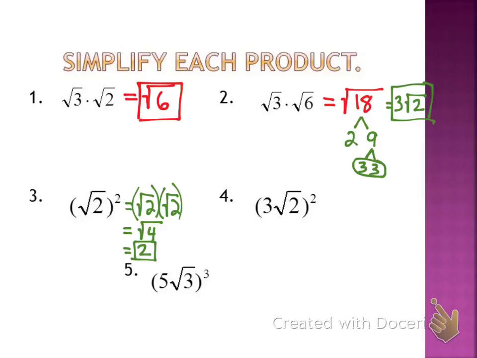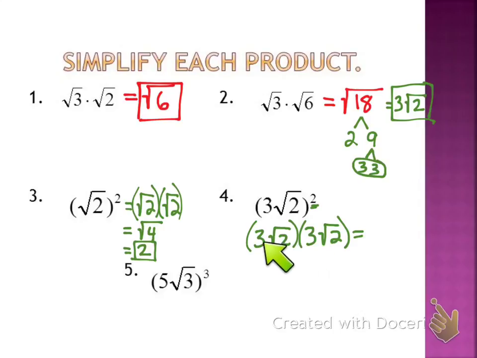All right, number 4, again, I see a little exponent of 2, so how many times do I have 3 square root of 2? Twice. Now, this is the first time that I have numbers outside the radical. What do I do with those? What am I doing with these expressions?